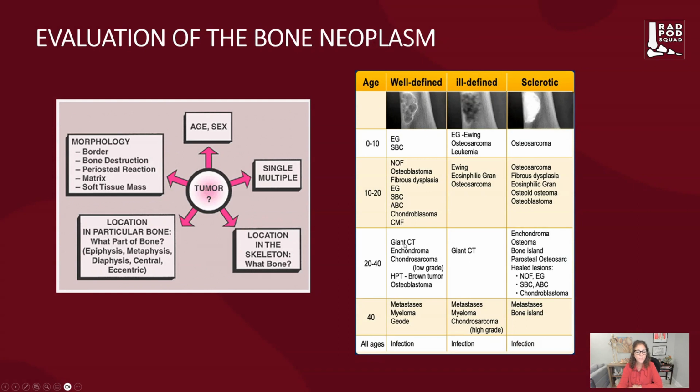For 20 to 40, giant cell tumors, enchondromas, chondrosarcomas, we can even see brown tumors in this population. And of course, ill-defined, we'll be concerned about giant cell tumors, and sclerotic lesions in this category often come up very commonly: enchondromas, osteomas, bone islands, parosteal osteosarcomas, and other healed lesions that we saw in our young adult grouping.